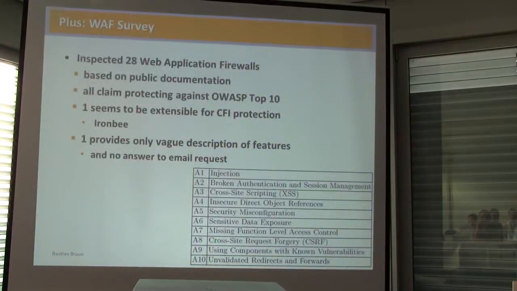We inspected 28 of these, which we mostly found links to on the OWASP website. We found that OWASP top 10 is actually a good selling point, obviously, because every one of these 28 mentions this on their website, almost all. I think there were one or two exceptions. So OWASP top 10 is something that obviously makes web application firewalls being sold.